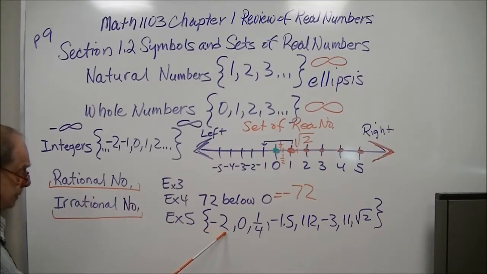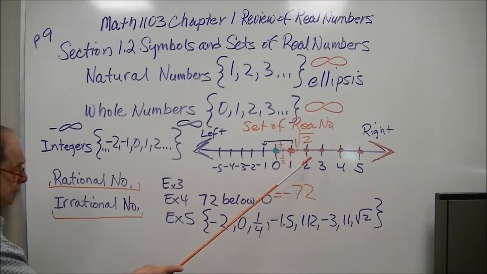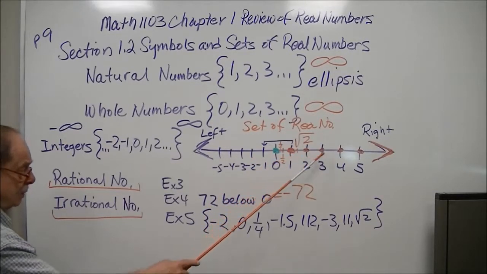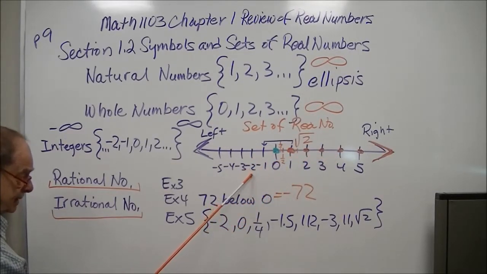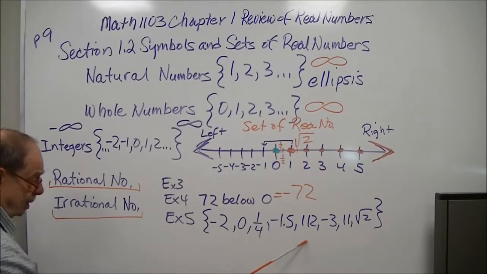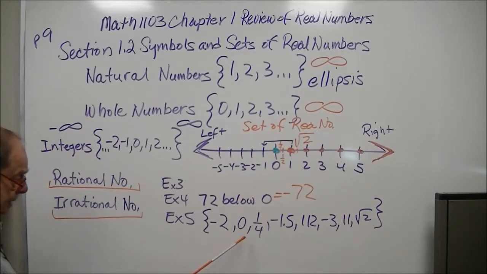So, negative 2. Well, it's not a natural number, it's not a whole number, but it is an integer, it's rational, and it's a real number. In fact, all of these are real numbers. 0.